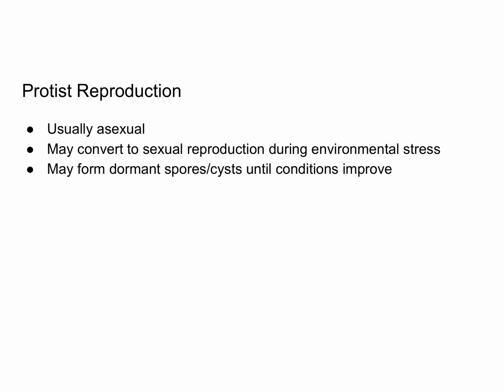And when it comes to reproduction, once again, this gets very complicated with different types of protists, but most protists can reproduce asexually through mitosis. But some protists are able to convert to sexual reproduction during times of environmental stress. The benefit of sexual reproduction is that it increases genetic diversity.